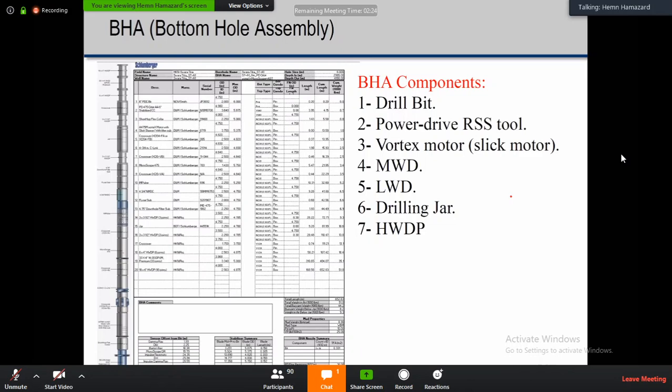In all formations, we use only PDC bit, because, like I said, I'm talking about HKN, it has proved as the best bit for us. But this is not a random PDC bit. We have designed our own bits according to our formation challenges. So we have our own design for the PDC bit, and we use only PDC bit for all sections. It doesn't matter, shale, limestone, dolomite, whatsoever.